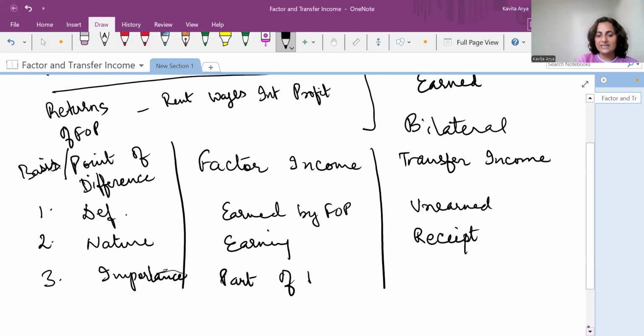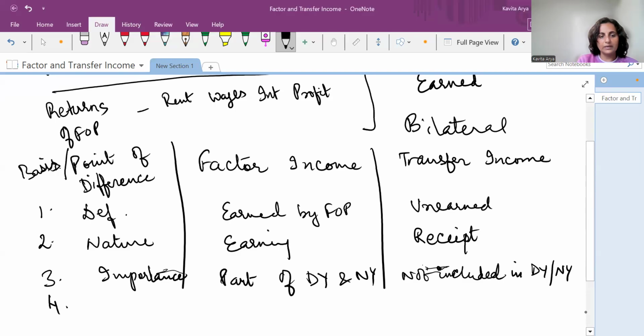So when we say domestic income as well as national income, these are included, but the unearned income or the transfer incomes are not included in domestic income as well as national income.